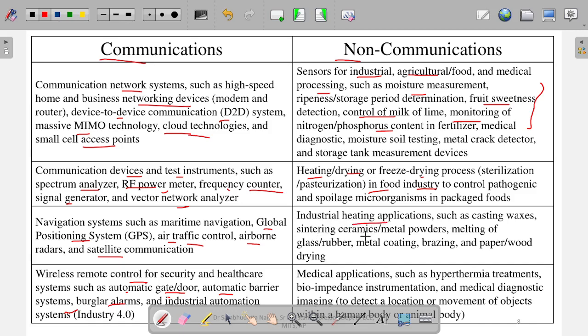As I said, the microwave oven at home and in industry is the same thing. And next are medical applications like hyperthermia treatments, bioimpedance instrumentation, and medical diagnosis like MRI, which are applications of these microwave signals. So these are some of the applications based on communication and non-communication types.